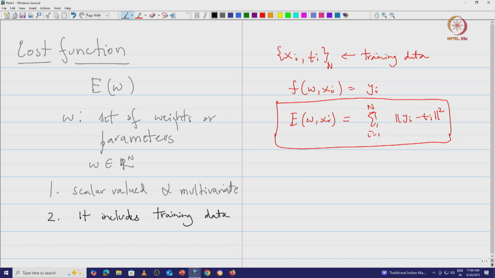The other thing that we want to look at about this function is that, generally, the way we build models, these models are such that the cost function turns out to be a continuous function, differentiable, and differentiable twice. This is a multivariate scalar valued function, right? That is point number 1. It will also have at least 2 derivatives.